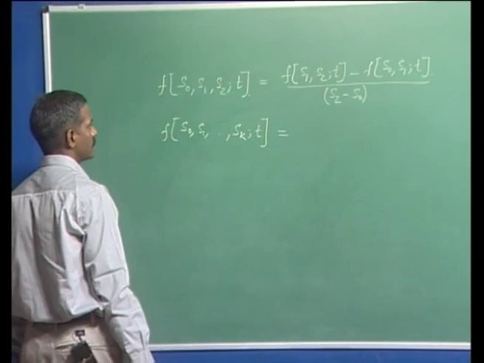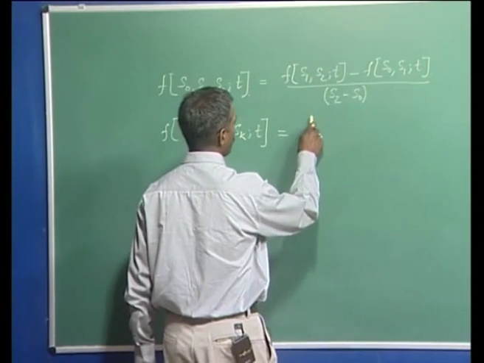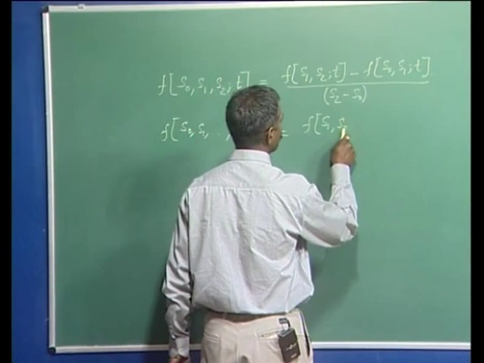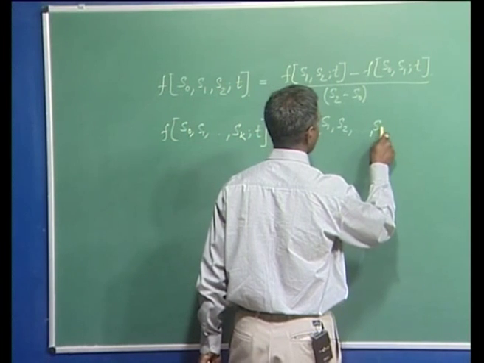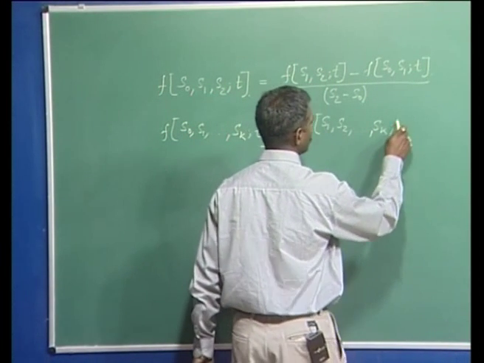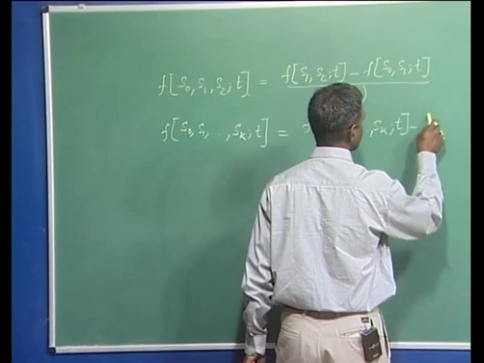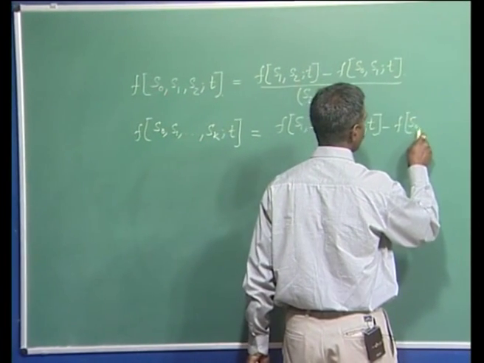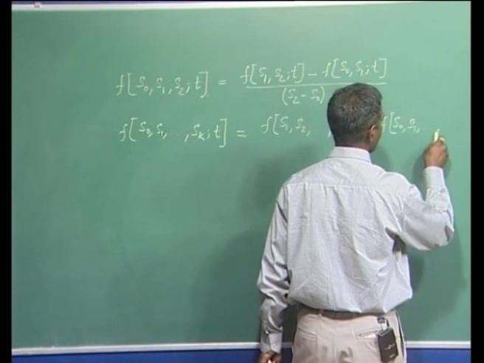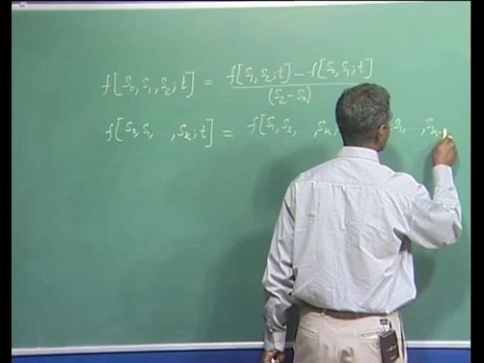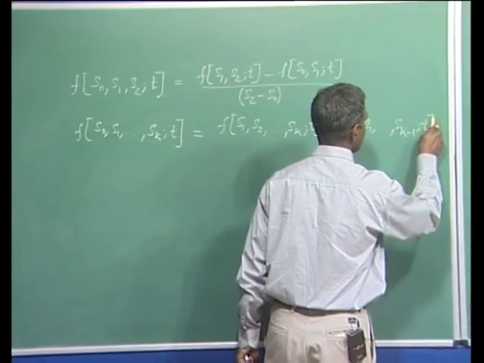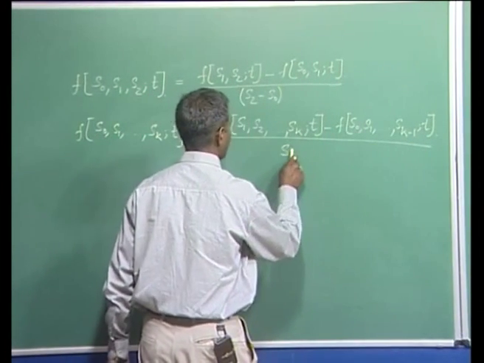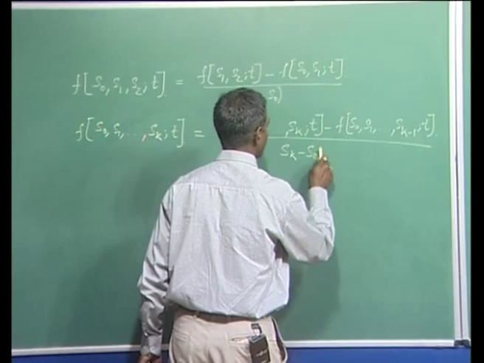And if you have guessed it, this would be f[S1, S2, up till Sk; t] minus f[S0, S1, up till Sk minus 1; t] over Sk minus S0.